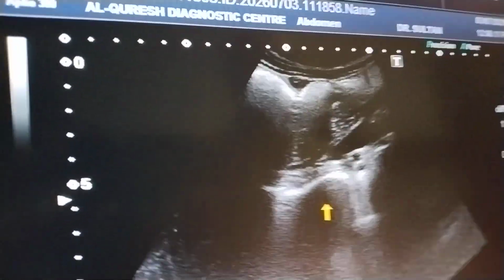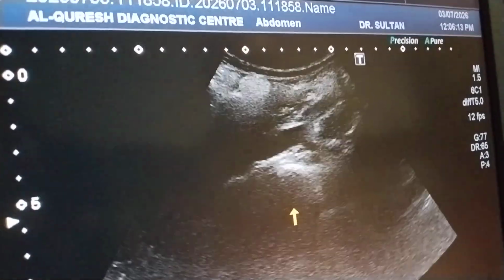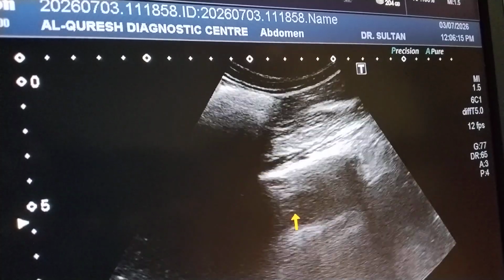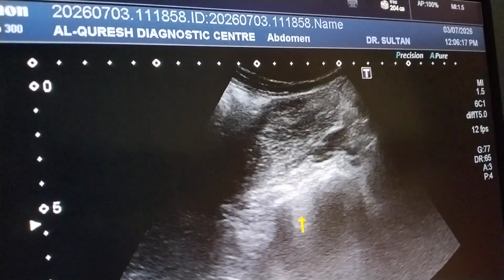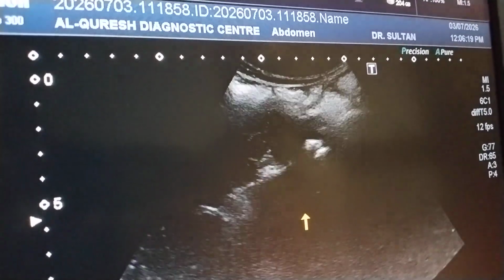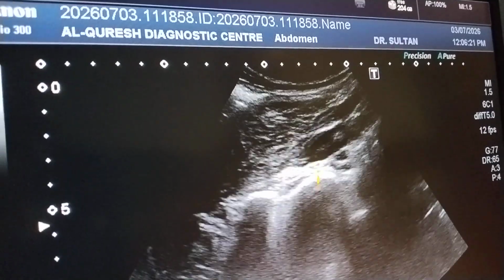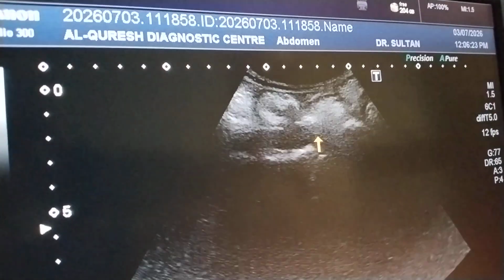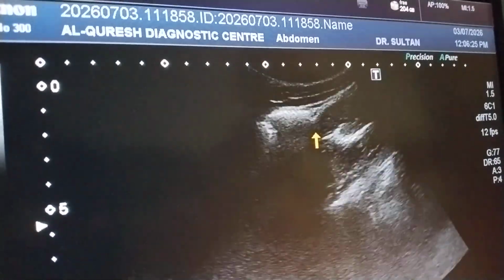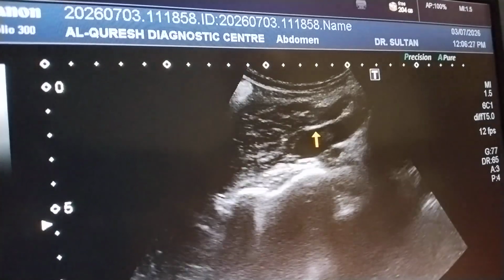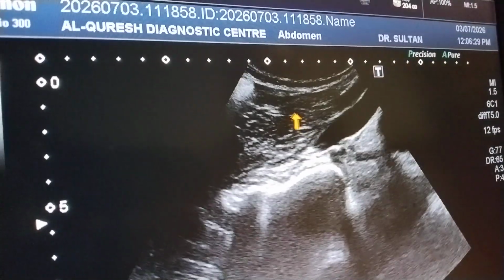So now we have reached the iliac vessel region. When the patient is in supine position, trace the iliac vessels and just give graded compression to displace the bowel gases.